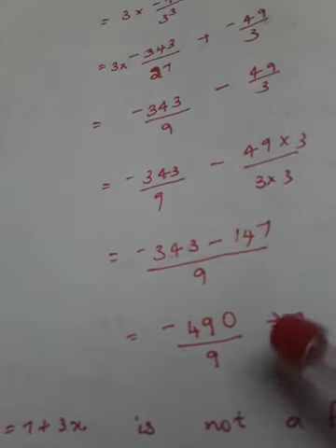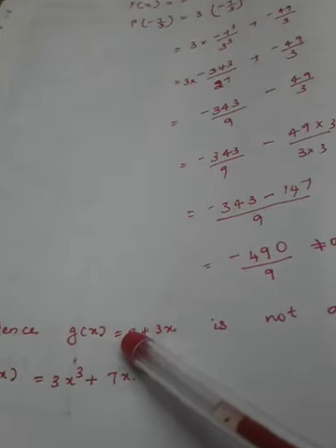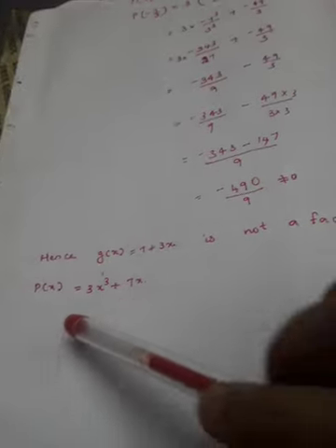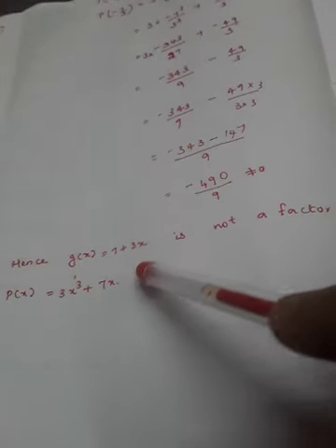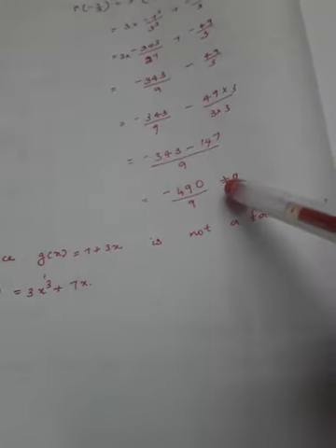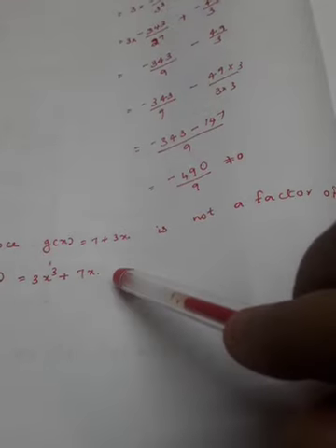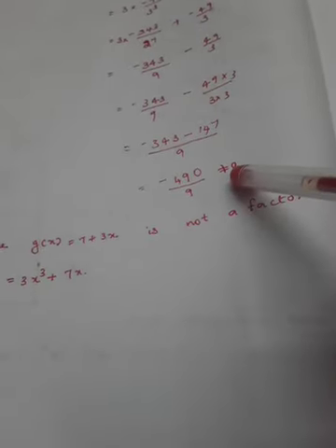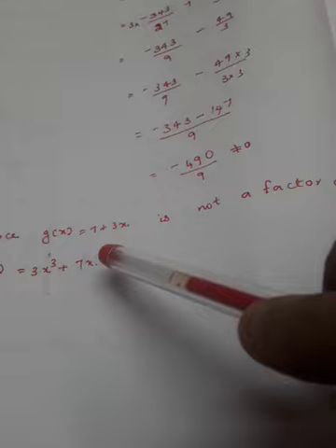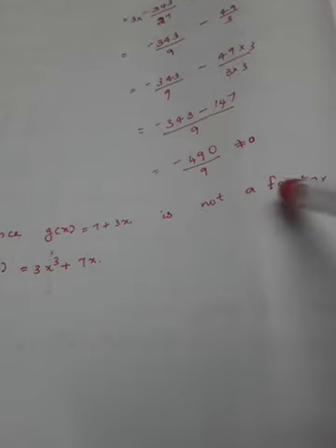Here the remainder is not 0. That means what? Hence, 7 plus 3x is not a factor of the polynomial 3x cube plus 7x. If the remainder is 0, then it will be a factor. Here the remainder is not 0, then what can we say? It is not a factor.